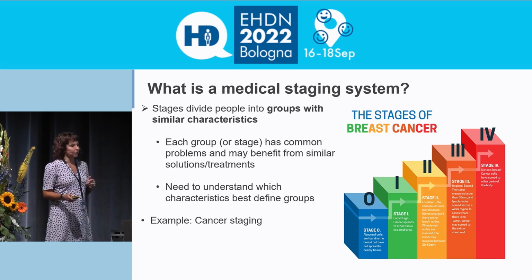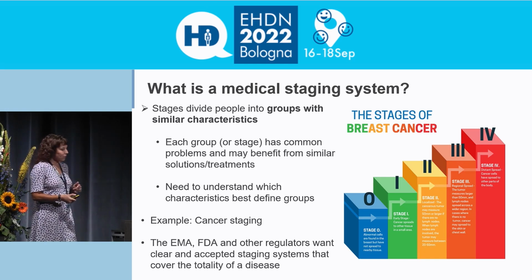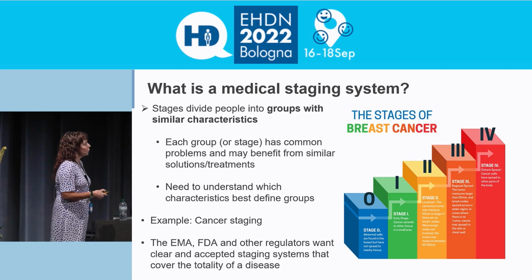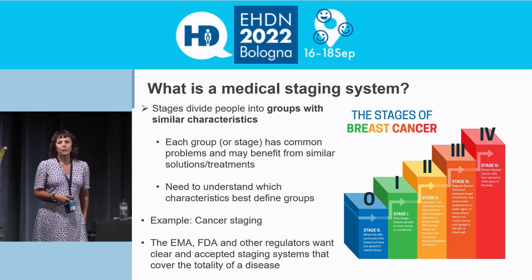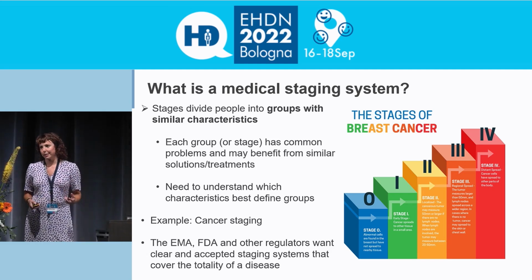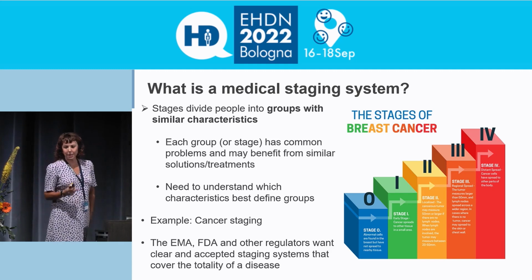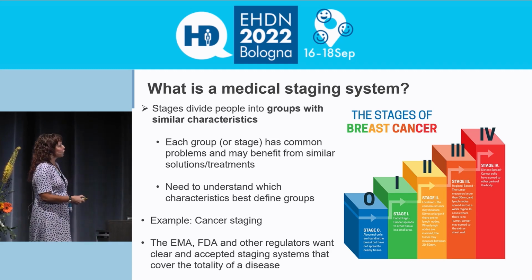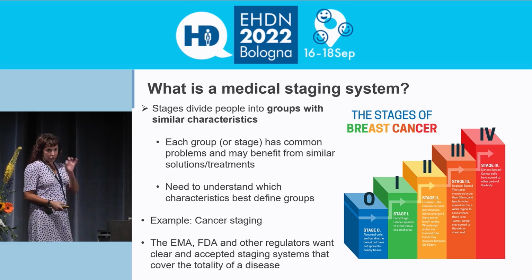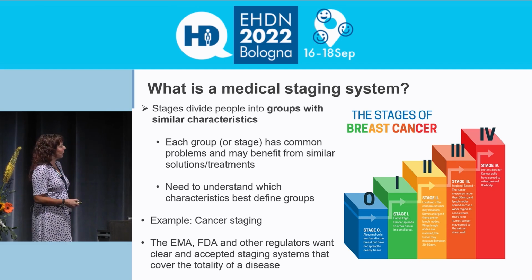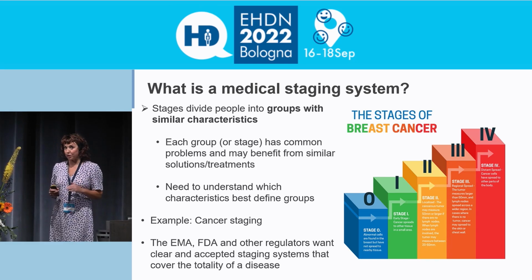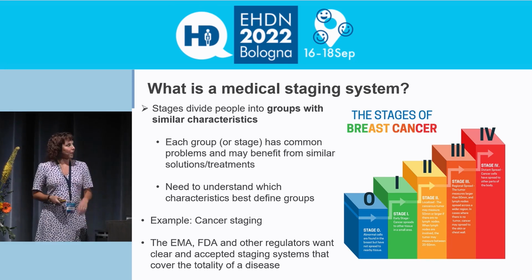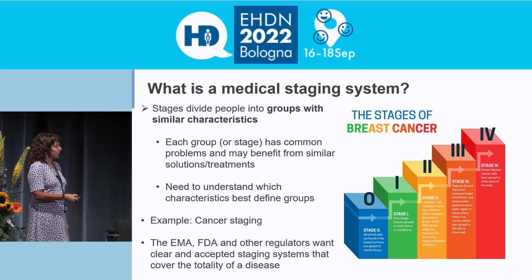So, cancer. As many of you will know, stage 0 is when there are some cancerous cells. It's a staging system based on size and spread. Stage 1 is a larger tumor, but it's still very localized. Stage 2 may have spread to a lymph node or nearby. Stage 3 is slightly more widespread, again, size and spread.